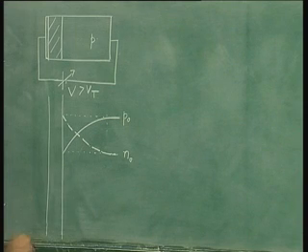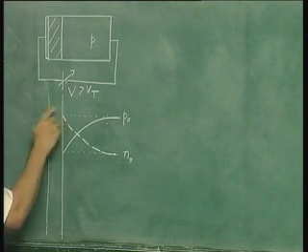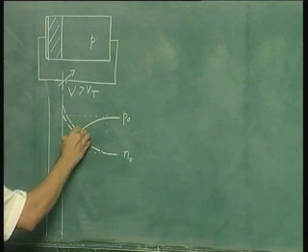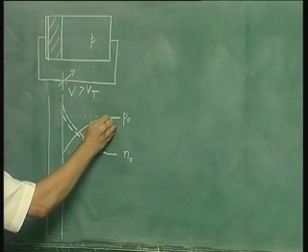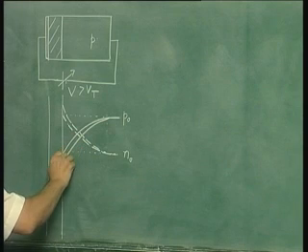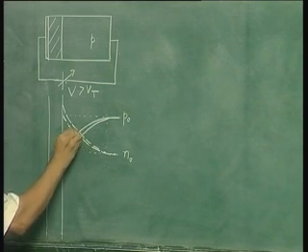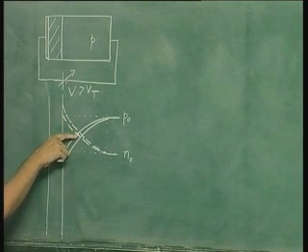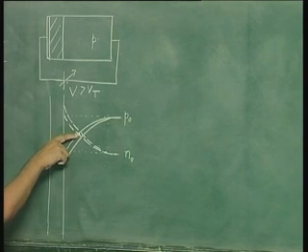Beyond threshold, this concentration rises even beyond this P naught value, and this will obviously fall. Now this point is the so-called intrinsic point, because here the hole and electron concentrations are equal and therefore they will be equal to Ni.